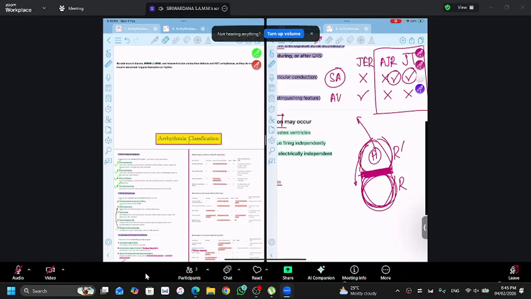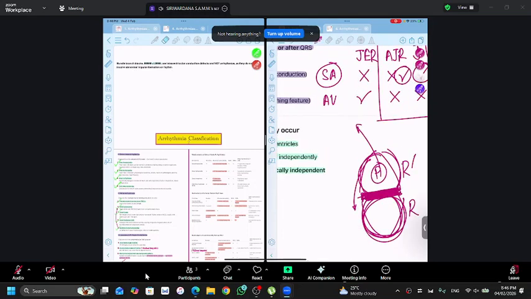Back pressure, obviously, we can't see what's going on inside the IVC, that's in the thoracic cavity. But the SVC, we can see through the jugular vein. With the JVP curve, again, we can see what's wrong with the right atrium.